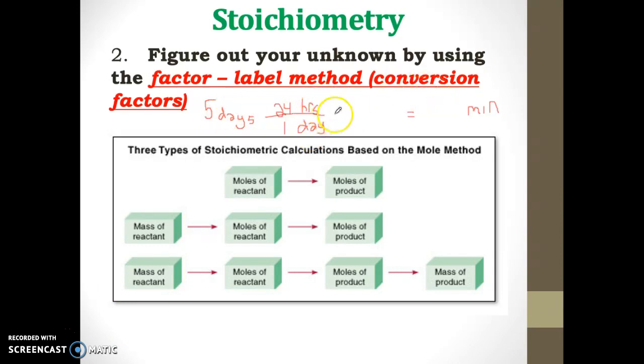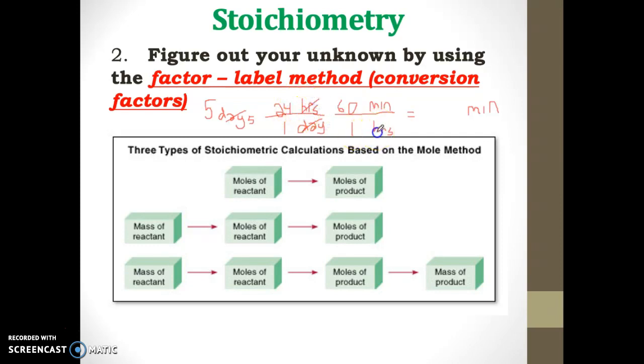But again, I'm not done, because I want to go from days to minutes. So now I would go from hours to minutes. And I know there are 60 minutes, so I'd do 60 minutes in 1 hour. So what I would do here is take my 5 days, that cancels as I go to hours, and I'd multiply to get that to cancel.